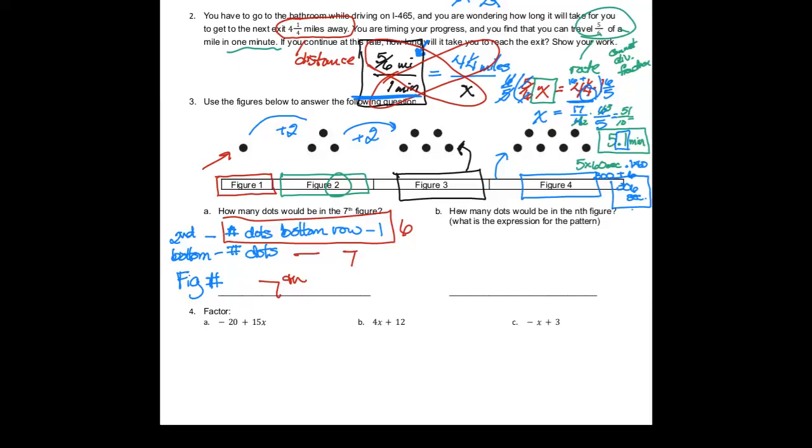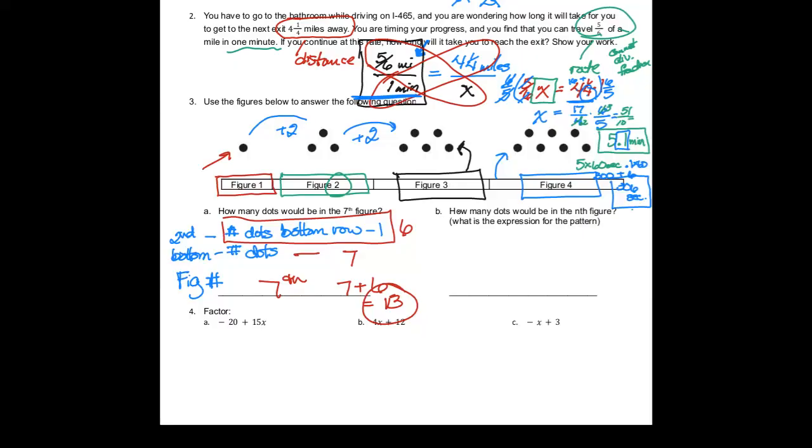Do I subtract? It says how many dots would be in the total figure. So you would add 7 plus 6 equals 13. So your answer there is 13 dots. You would have 7 on the bottom row and 6 on the second row.